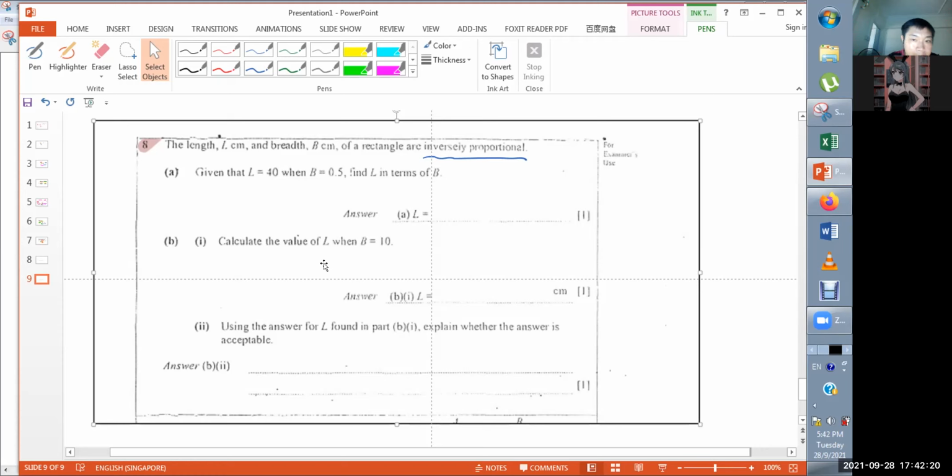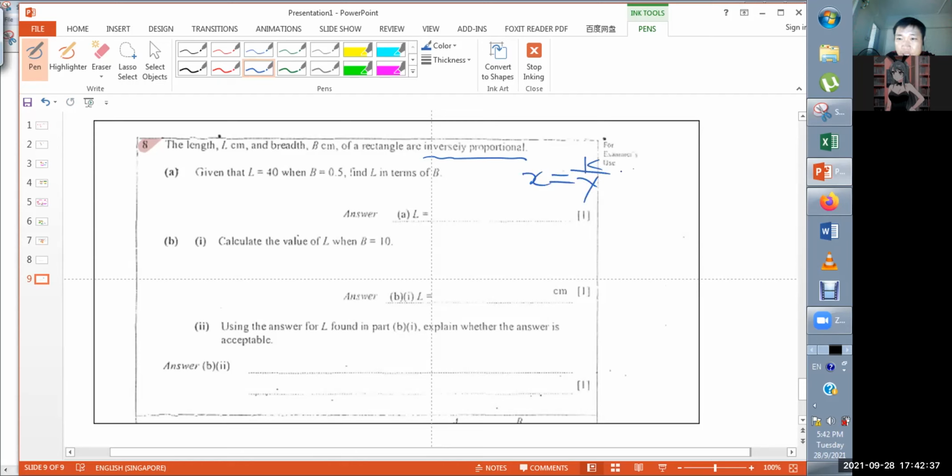X equals K over Y. Yes, very good. So you have to remember the formula in order to solve questions. Inversely proportional is X equals K over Y. Just write this down first.